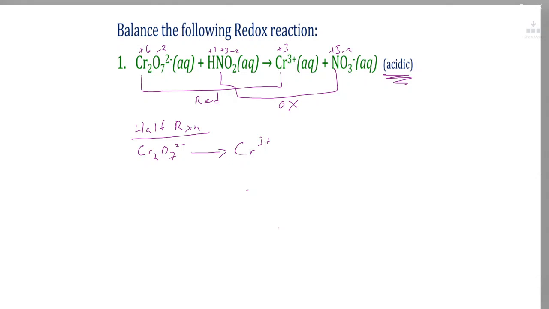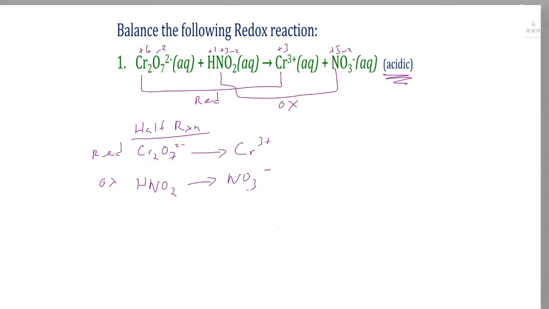And there's nothing else involved with it. Okay, so this would be my reduction half reaction, and then my oxidation half reaction would just be HNO2 going to NO3-. Okay, so those are my two half reactions.